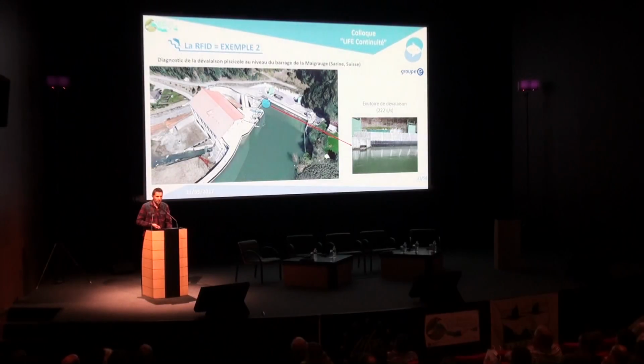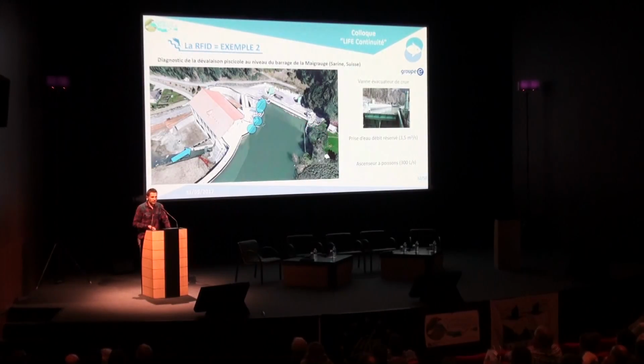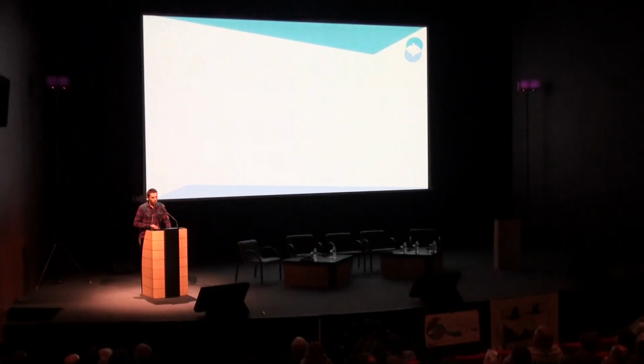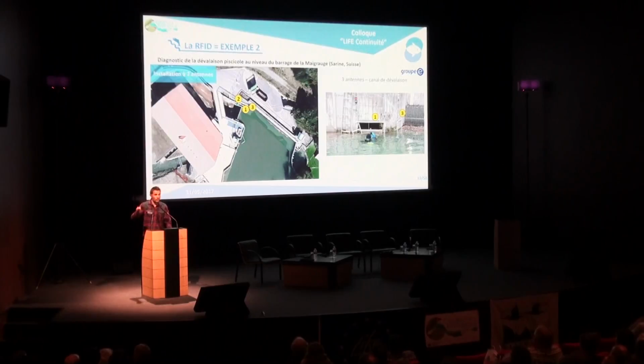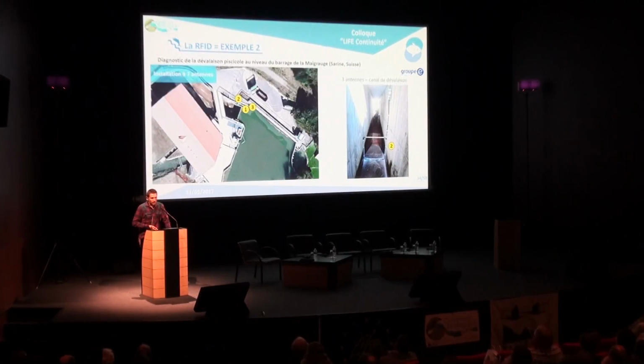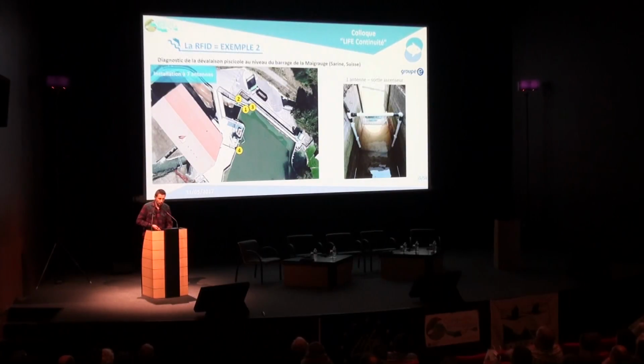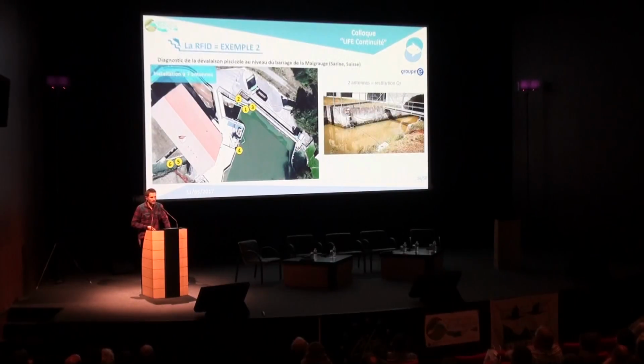So you have got different possibilities, as you can see on the screen with the images. We equipped all these exits of passes, and to know the migrating pathways of the fish, so you have got illustrating pictures. At the level of the fish elevator, we put some of them, and also downstream of the river.